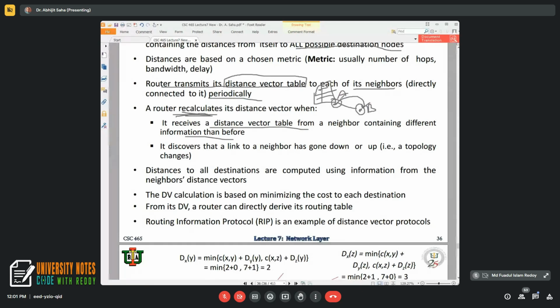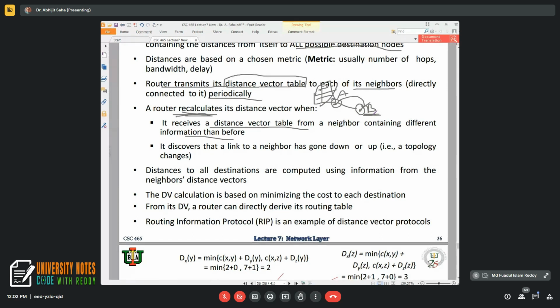All right, so when changes occur in the table, the neighbor node also needs to update those changes. When B receives the table, it compares its own table with the updated table it got from A. According to that, B also revises and updates its table.